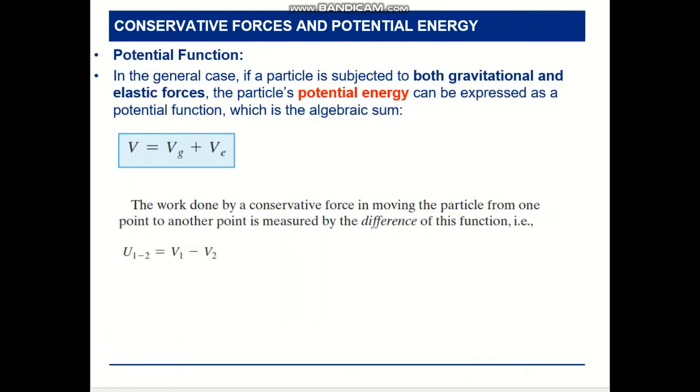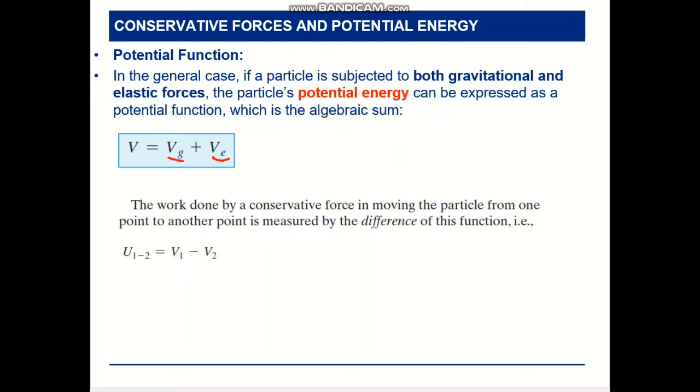Our total potential function is the gravitational potential plus the elastic potential. As written in the description, in the general case, if a particle is subjected to both gravitational and elastic forces, the particle's potential energy can be expressed as a potential function, which is the algebraic sum of the gravitational potential energy and elastic potential energy.